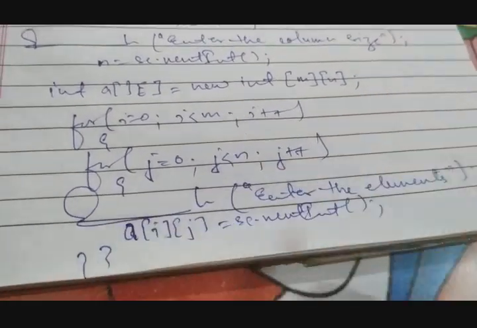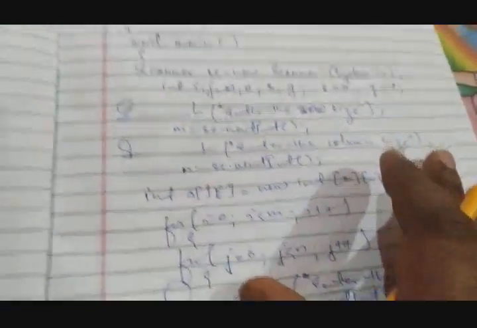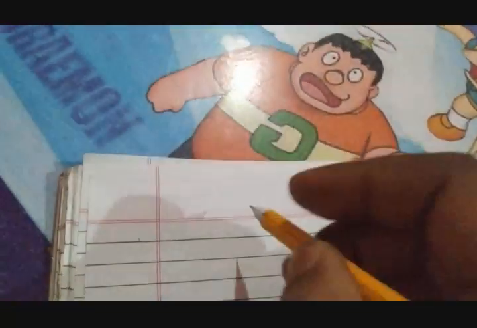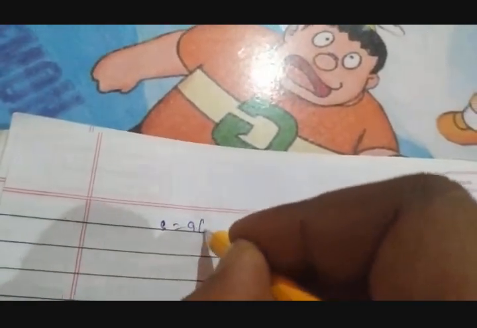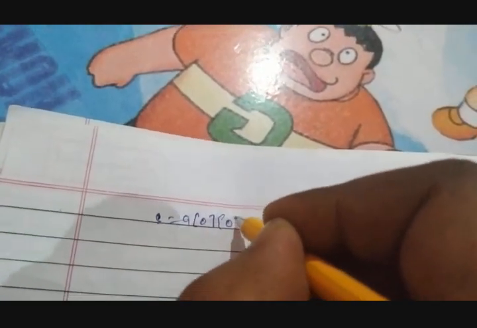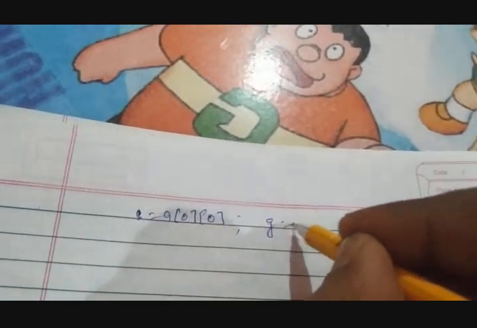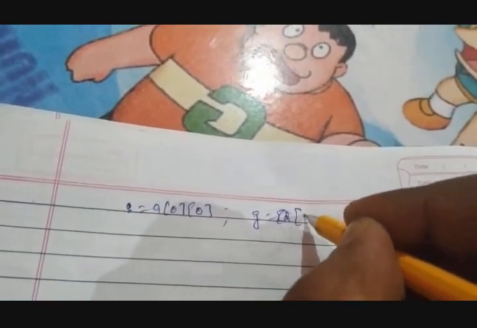J loop closed, i loop closed. So yeah, we will consider the first element as the smallest and the first element as the greatest. So small equals a[0][0], and greatest equals a[0][0].